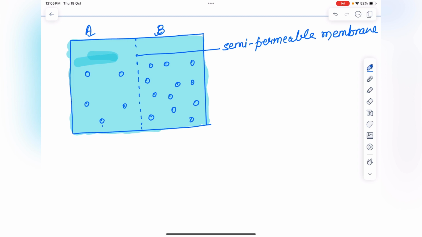Chamber A has less solute and this chamber has more solute.